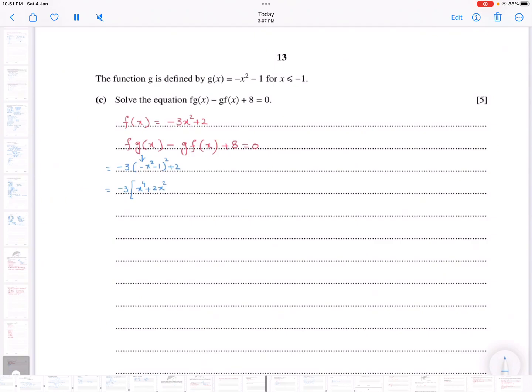Now you simplify it, use the identity. Now multiply minus 3 inside the bracket. Now go for g of f of x. This time you have to write the whole function f of x into the function g of x.